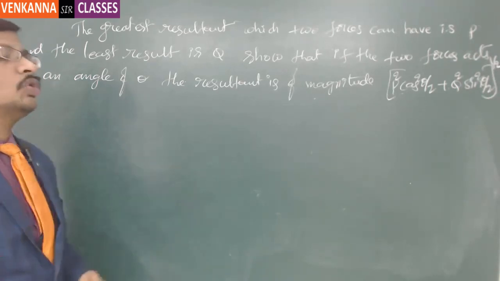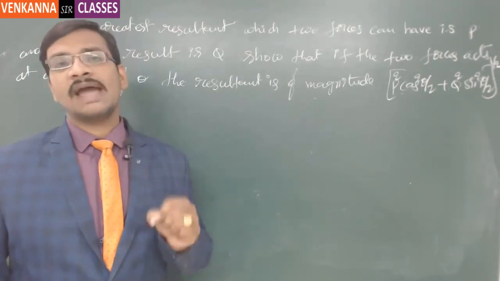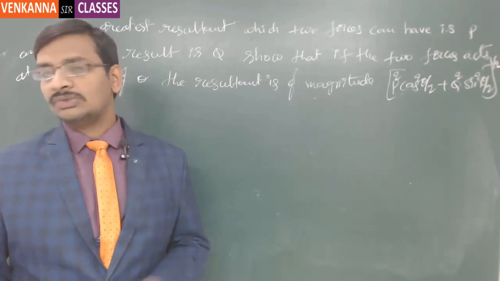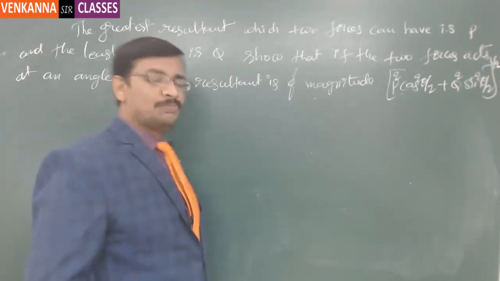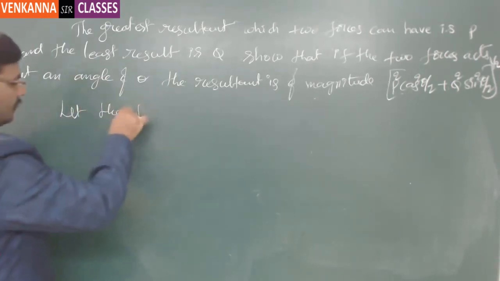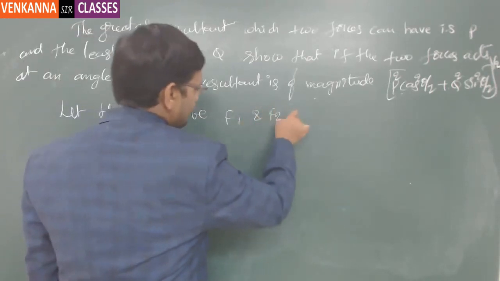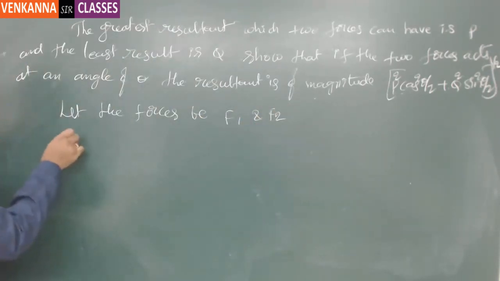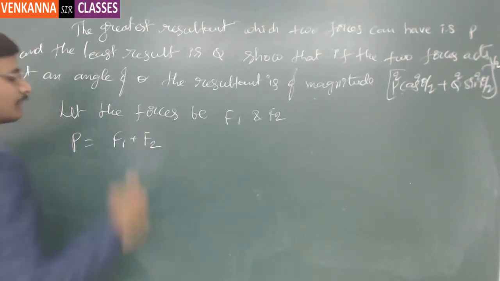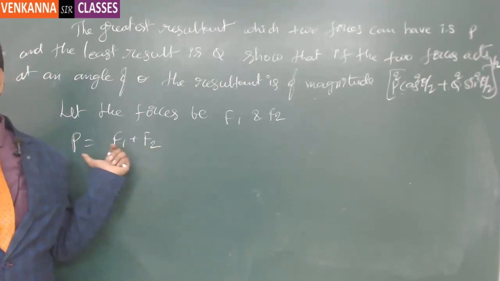See, two vectors can have maximum value only when these two forces act exactly in the same direction or on the same line, right? So that means greatest magnitude is P, and let the forces be F1 and F2. Then the greatest magnitude P is equal to F1 plus F2, because if these two act exactly on the same line, then this is the maximum value.